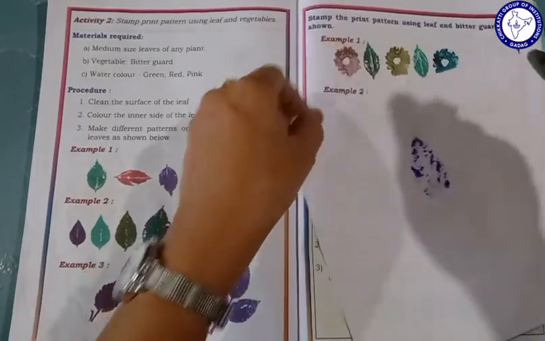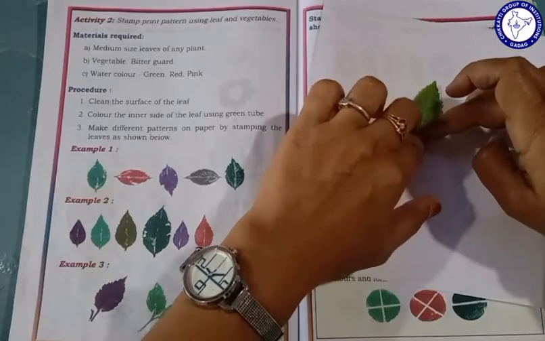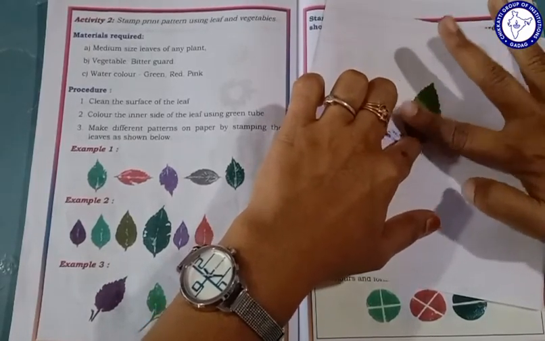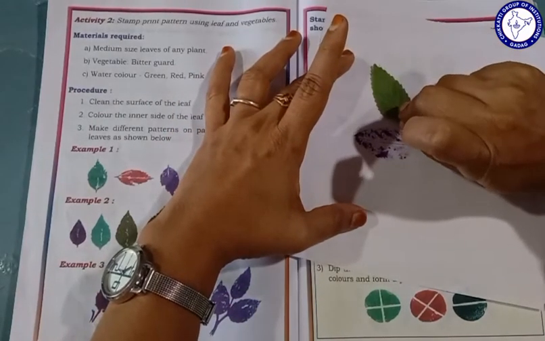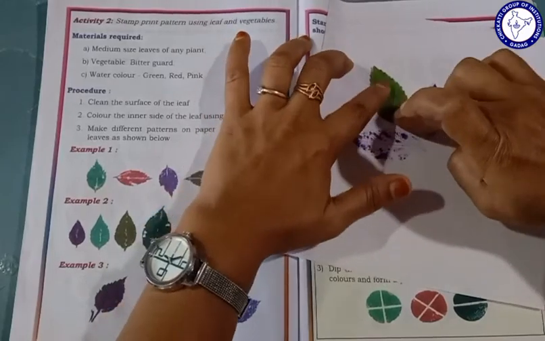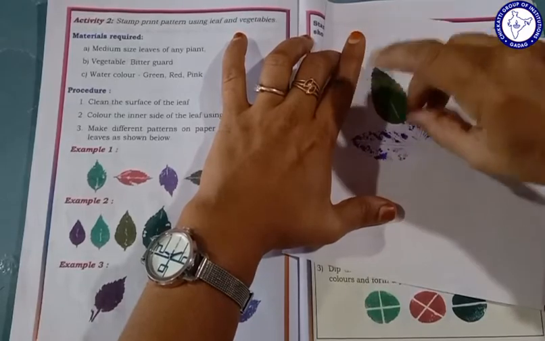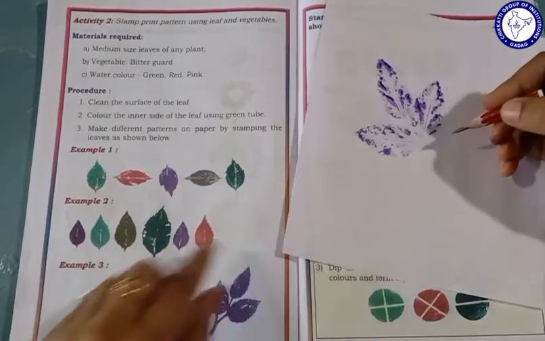Yes, I'll do this here. This is another leaf, and I'll take one more leaf. This is the third leaf. So we can call this a leaf, like it is.